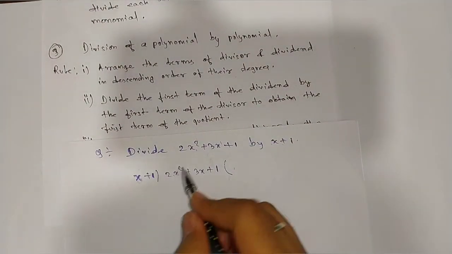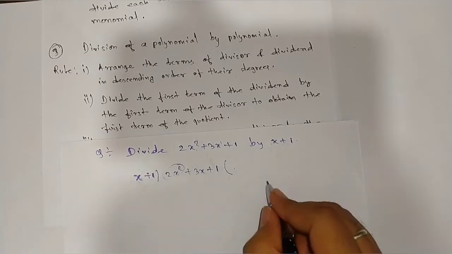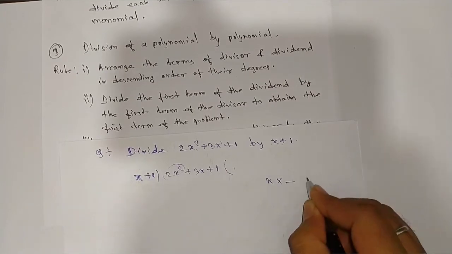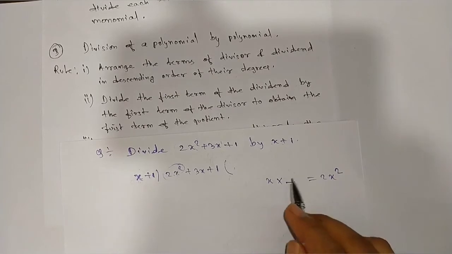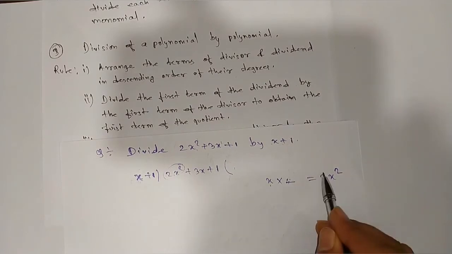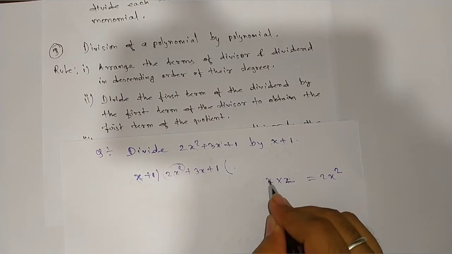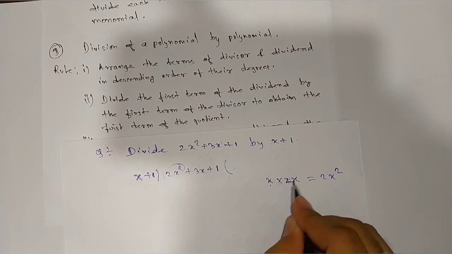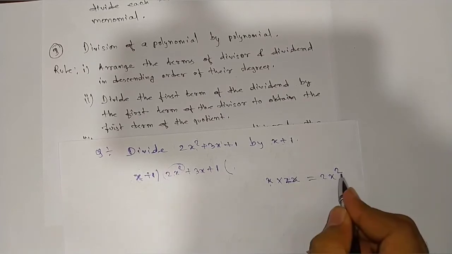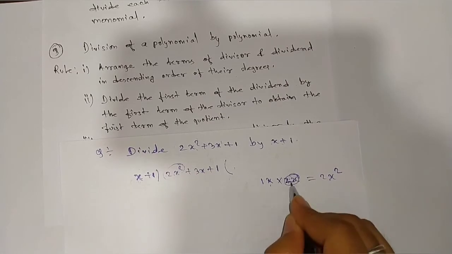Listen right now, take the first part here, and you need to see what number or expression you need to multiply with x so that you will get this one. Here we have 1, so we need 2, and x is already there, we need x. So you can see that x into x will give x square, and 1 into 2 will give you 2. That means your target will be 2x.